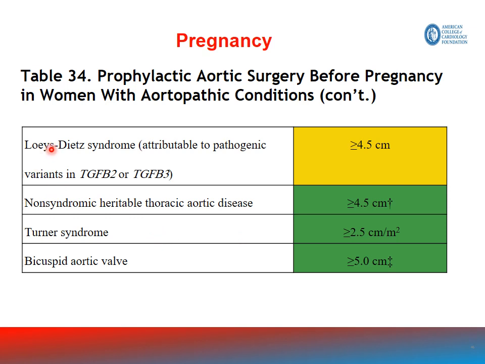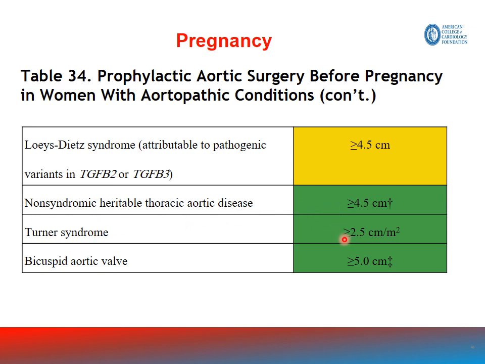In patients with Loeys-Dietz syndrome but with genetic variation or genetic mutation in transforming growth factor beta 2 or beta 3, the cutoff value will be 4.5 cm or more. If the female patient has non-syndromic heritable thoracic aortic disease, the cutoff value is also 4.5 cm or more.